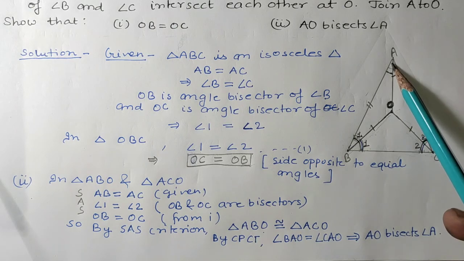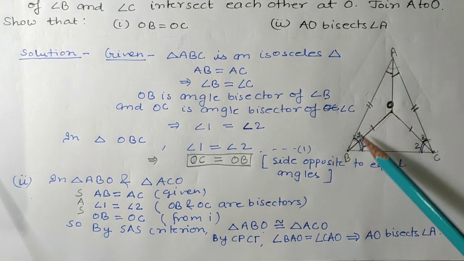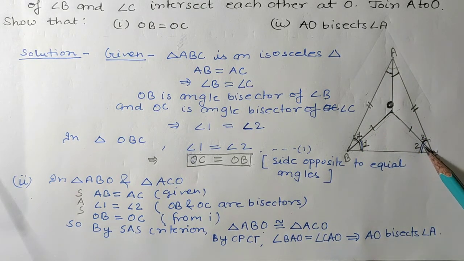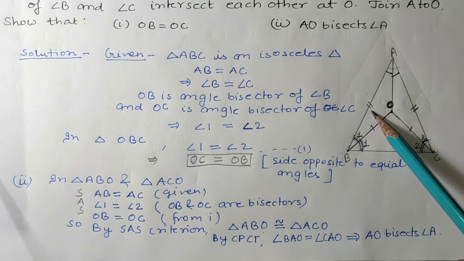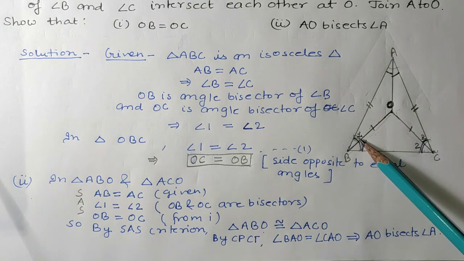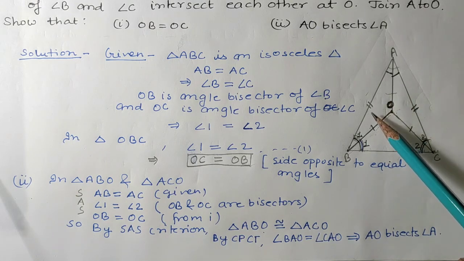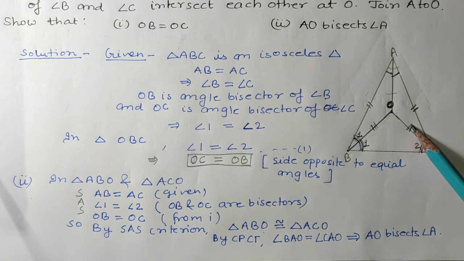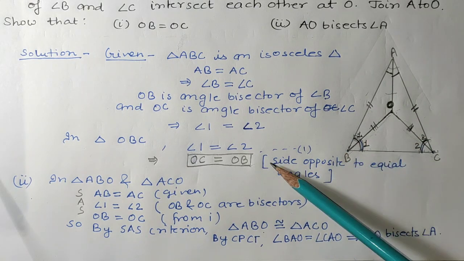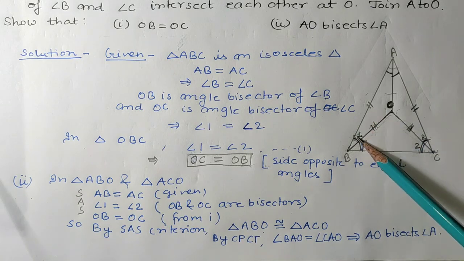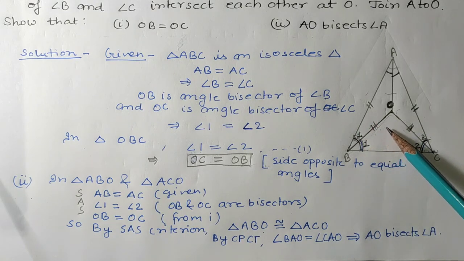After that, we have seen in this triangle ABO and triangle ACO, the side AB and AC are equal. Angle 1 is equal to angle 2, and this side we have shown that it is equal in the first part. So side angle side, by this criteria, these two triangles are congruent.